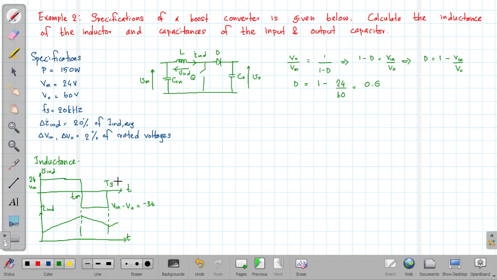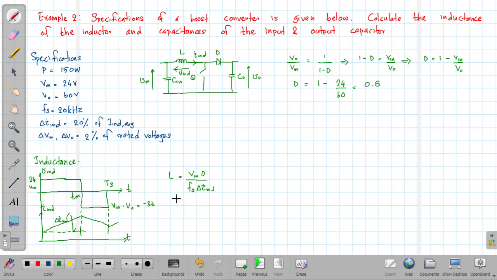I will consider the on state. From that we can write an equation for L. The voltage is V in and the time is T on, so V in D over Fs equals L times delta I inductance. We know V in and D, so we need to find delta I inductance.